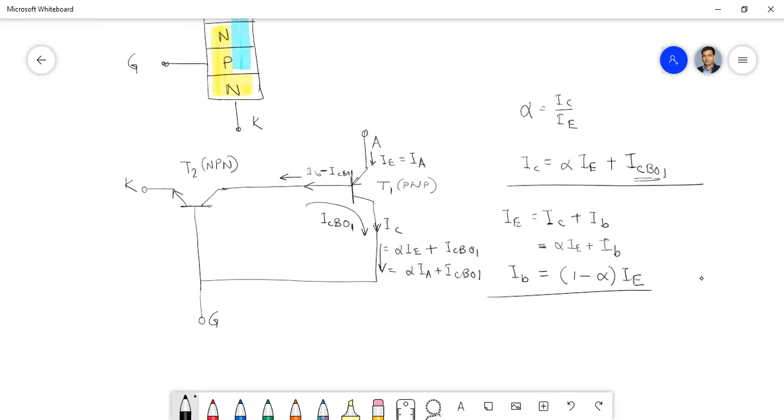Ideally it is IB, but if we consider the reverse saturation current, it should be subtracted from the IB value.